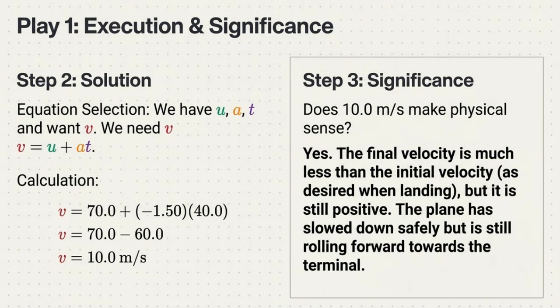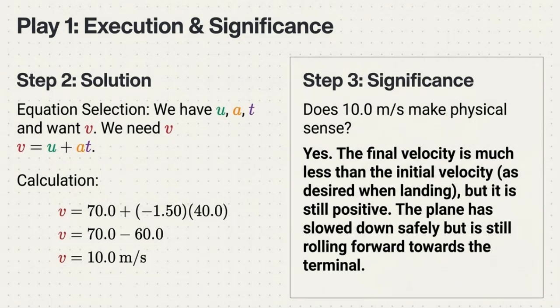Here, we focus on finding the final velocity using the equation v equals u plus at, where we already know the initial velocity u, acceleration a, and time t. Plugging in the numbers, we start with 70.0 meters per second for u, apply the acceleration of negative 1.50 meters per second squared over 40 seconds, which subtracts 60 from the initial velocity, giving us a final velocity of 10.0 meters per second.